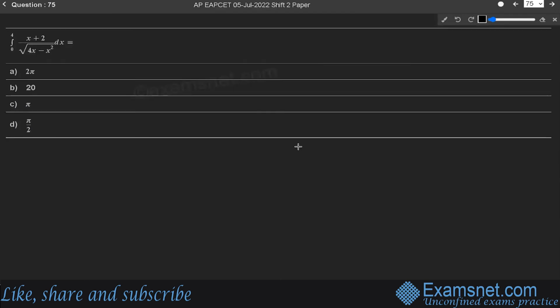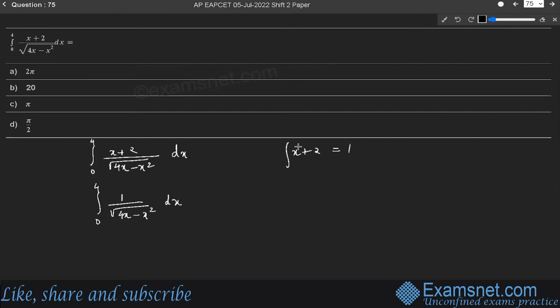Next question is the integral from 0 to 4 of x plus 2 divided by under root of 4x minus x square dx. Here we know that the integral of x plus 2 is 1. So the expression becomes the integral from 0 to 4 of 1 upon under root of 4x minus x square dx.